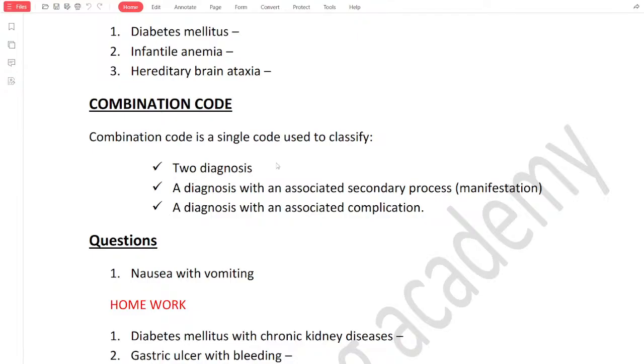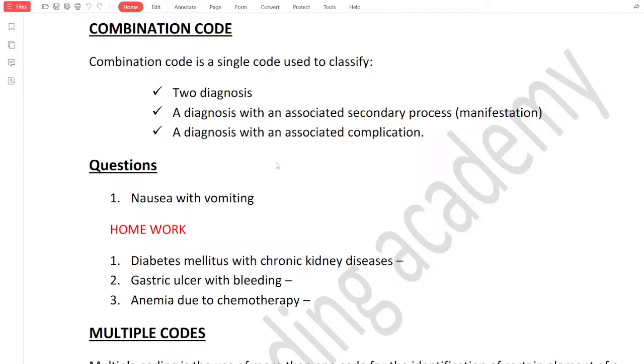Nausea with vomiting is an example and one question to answer. Nausea with vomiting means the two conditions are almost the same. Two diagnoses associated with the secondary process. So this type of code is called a combination code. In this case, you have to use a single code. Nausea with vomiting, you have to use only a single code.